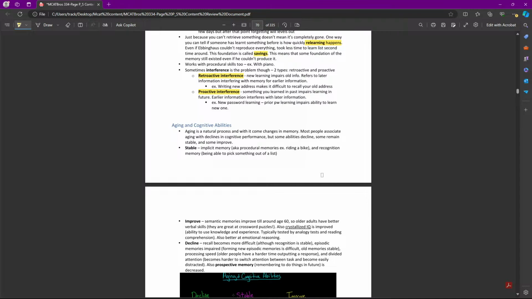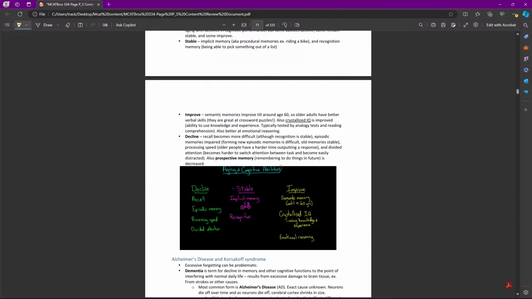So implicit memory and recognition memory are stable while aging. Improved is semantic memory until around age 60. So older adults have better verbal skills. Also crystallized IQ is improved, typically tested by analogy tests and reading comprehension. Also better at emotional reasoning.